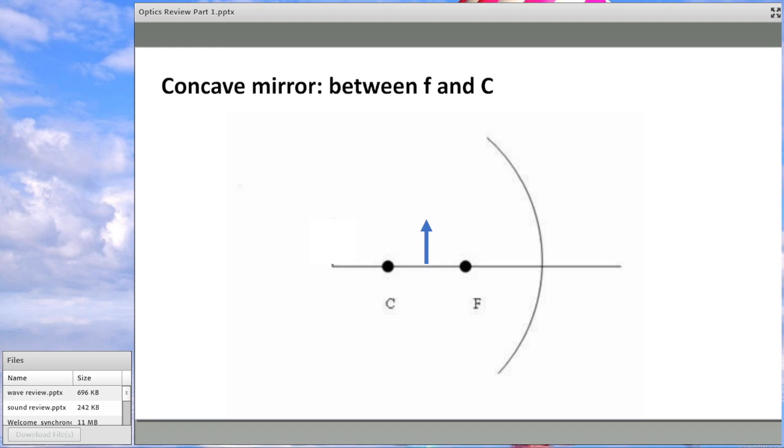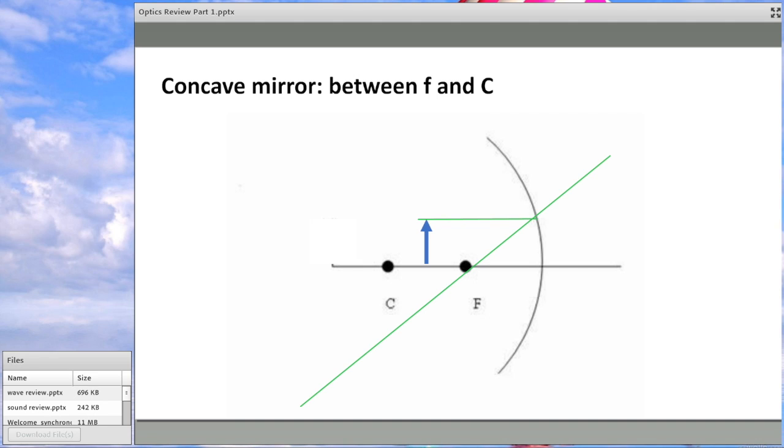Okay, so I'm going to go parallel from the top of my object, and then I'm going to go through the focal point like this. See how that one didn't work that well? I'm going to keep doing it until I get it right. That one's pretty close.